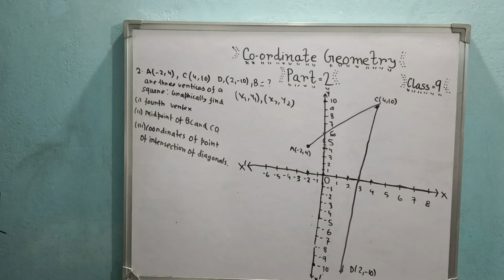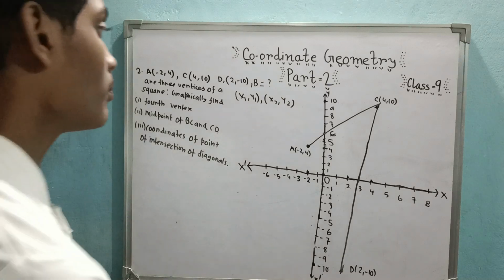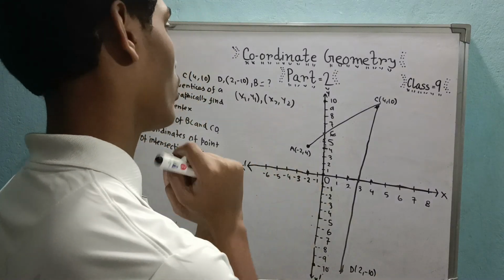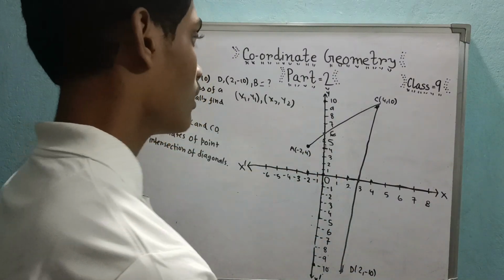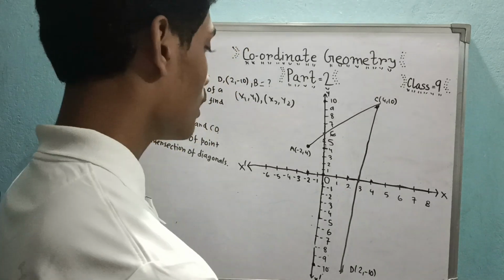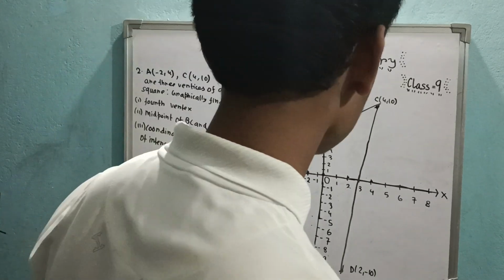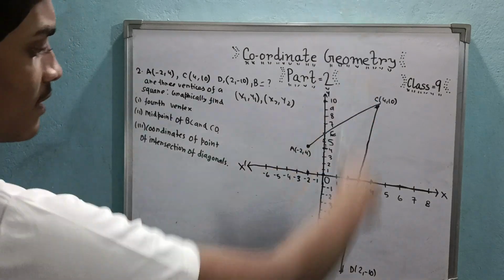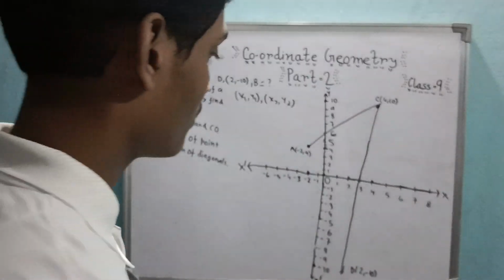This is again a parallelogram. For a parallelogram, what we know is that the opposite sides need to be equal, so the distance of the opposite sides needs to be equal. So what is the distance of AC? Now you know the distance formula, so using it, let's find AC. AC should be equal to BD, and CD should be equal to AB.